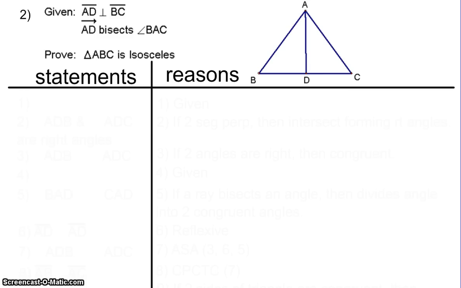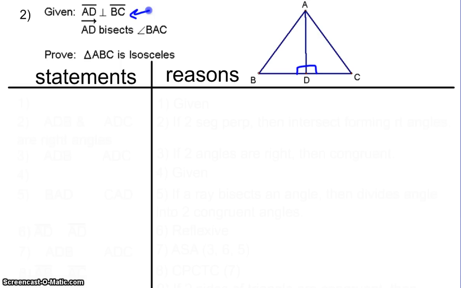Moving on to the next one, it's talking about proving isosceles this time. So in order to prove a triangle is isosceles, we need to get two sides congruent. If we look at our given information, we first know that we have perpendicular. Perpendicular is going to end up telling us that we have a pair of right angles.